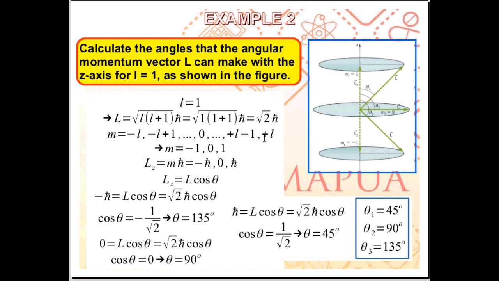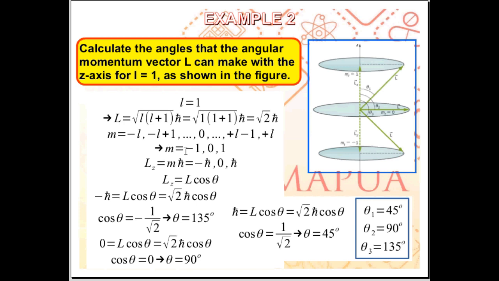So with l equal to 1, we have m equal to negative 1, 0, and 1. Lz, the z component of the angular momentum vector L, is given by m h bar.